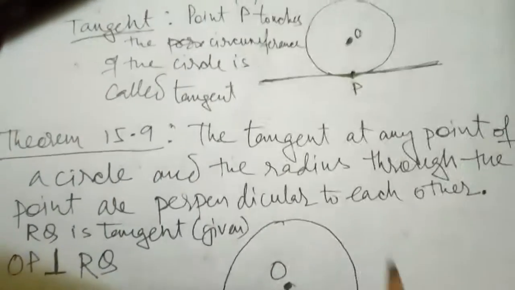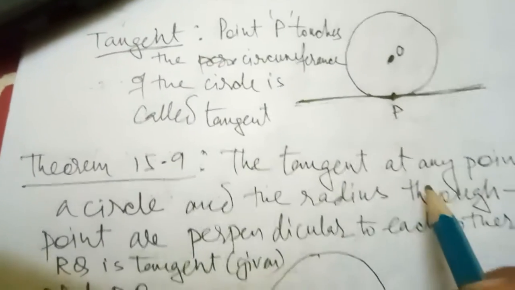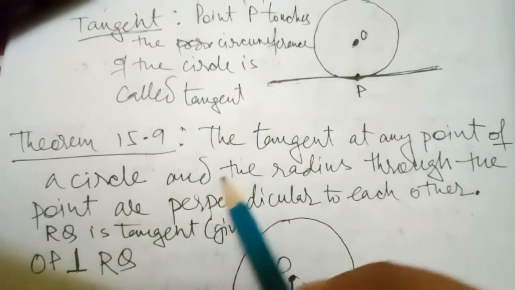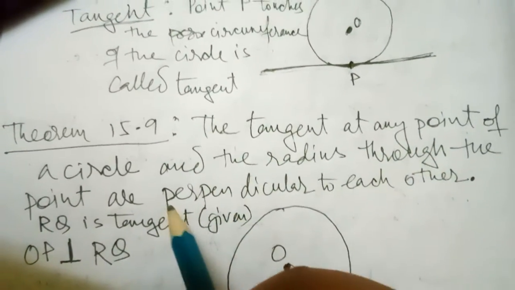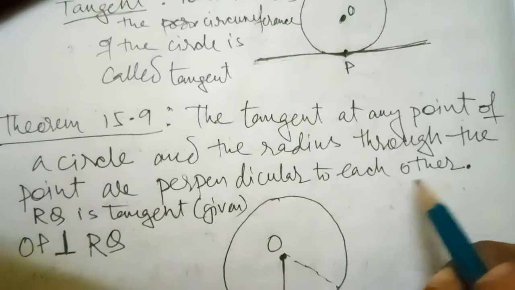Now in 15.9, the tangent at any point of a circle and the radius through the point are perpendicular to each other.